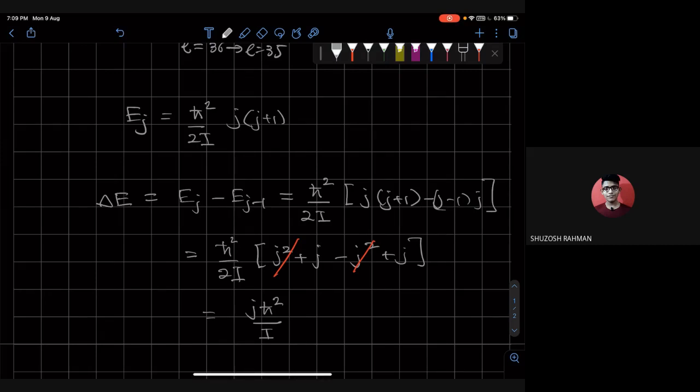So the change in energy level, and therefore the frequency, is equal to h nu. Sorry, not h bar nu, h nu. h nu is equal to this.